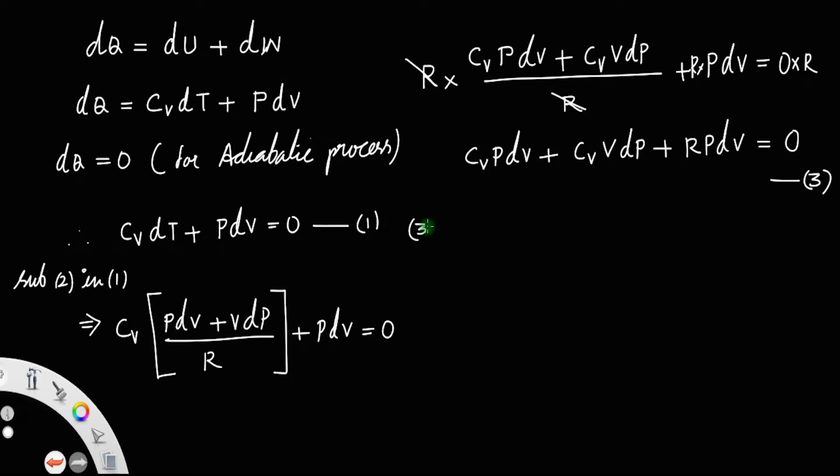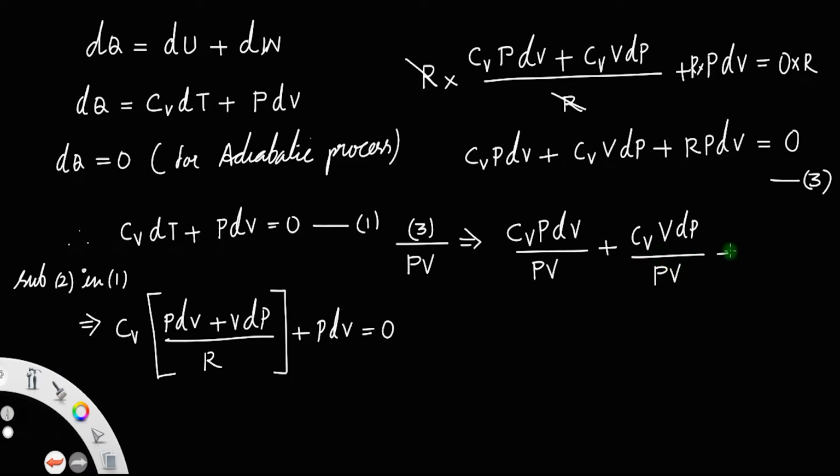What if you divide equation 3 with the term PV, pressure times volume? Divide each term with PV. So this will be Cv P dV by PV, plus Cv V dP by PV, plus R P dV by PV equal to 0.